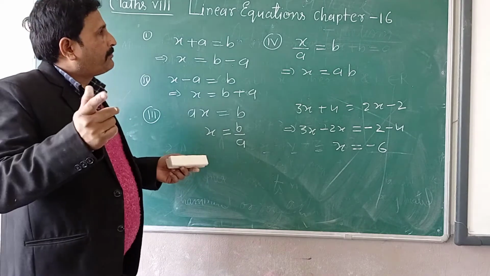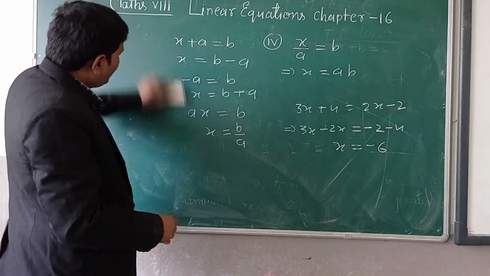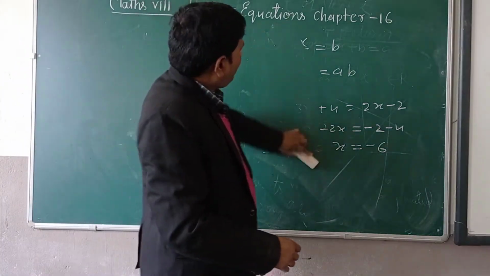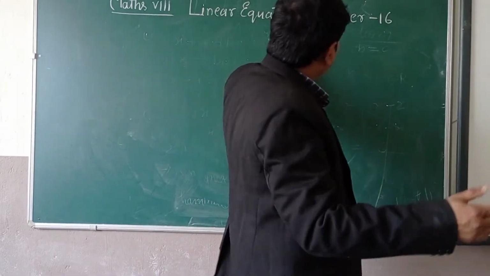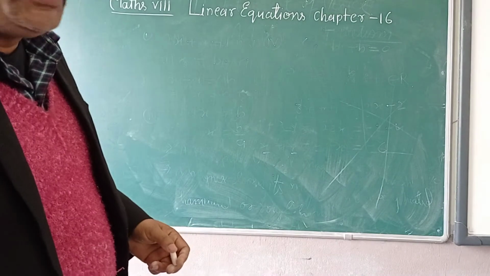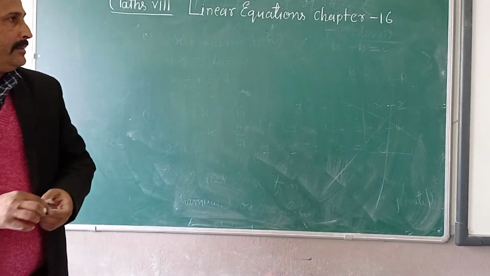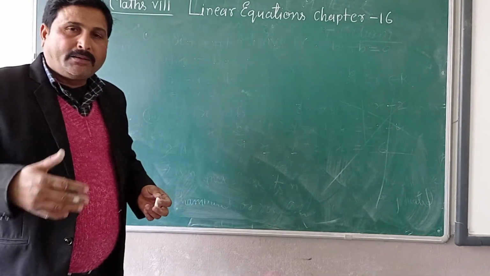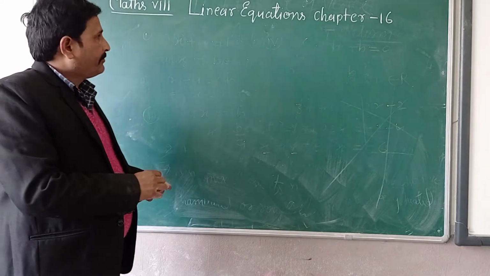I will send from the circle. Construction I have explained before the second term exam, and you have to make it in your copy. Maybe very soon when school opens, I will check your copy.